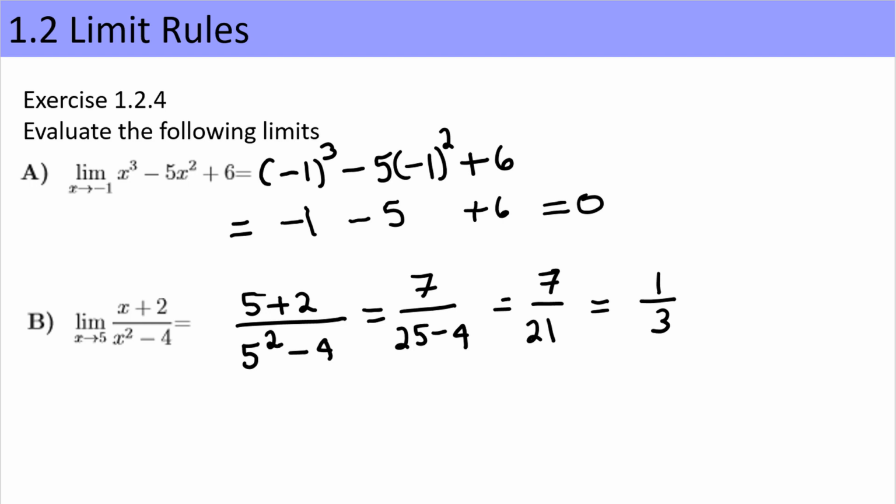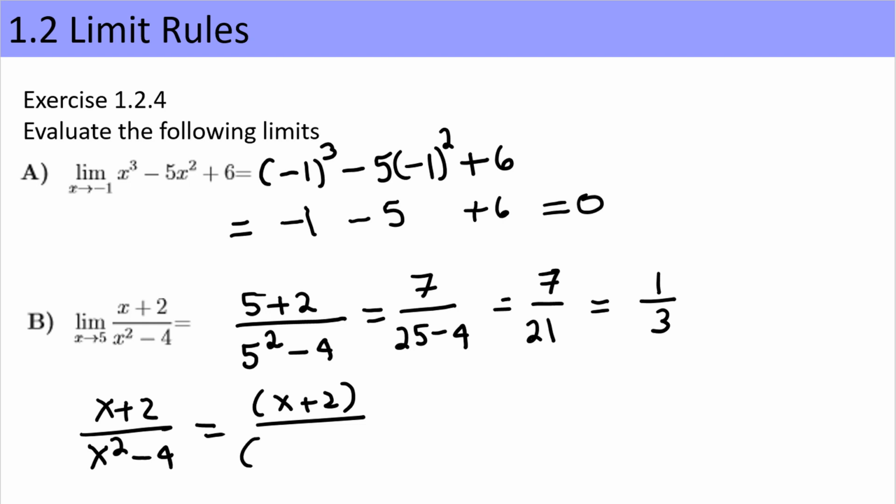Let me call something to your attention in just a moment, and we'll follow up. If we just look at the expression x plus 2 over x squared minus 4, we can write the numerator as x plus 2, and the denominator is a difference of squares, so x plus 2 times x minus 2.